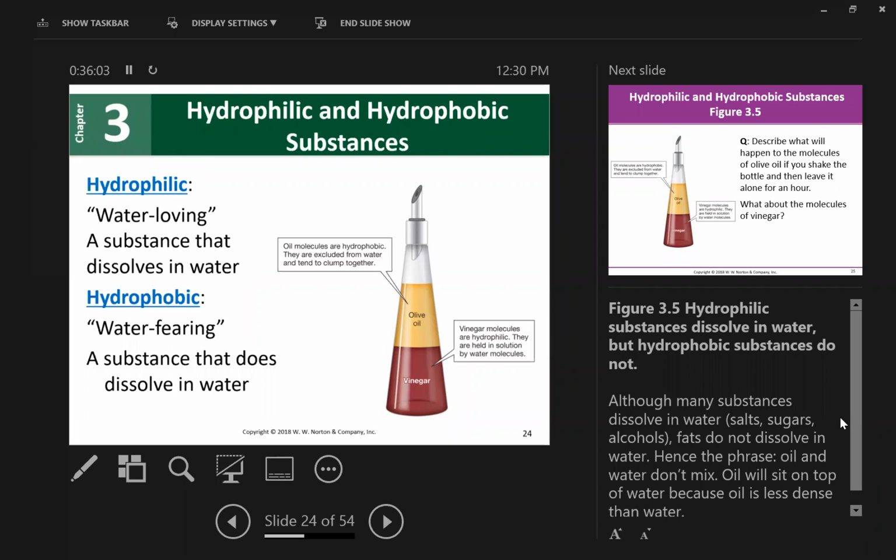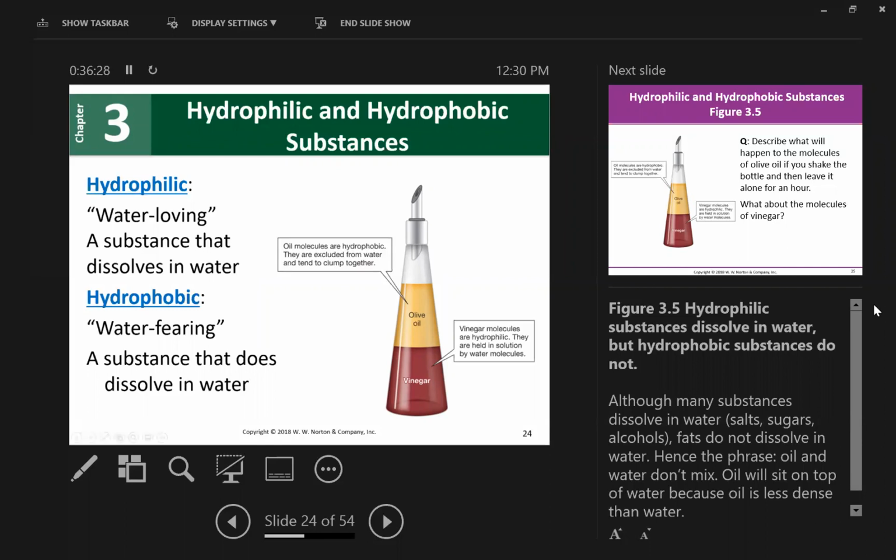So I want you to think about this oil and vinegar picture that we have here. The vinegar could be water as well. So the molecules of oil, of a lipid, are hydrophobic. They do not want to dissolve inside of that water. Instead, they're going to clump together.